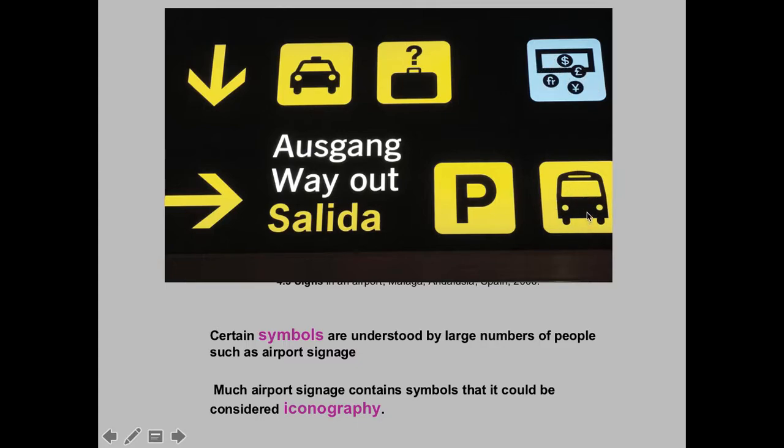We know that this looks like a bus. Buses tend to look pretty much the same all over the world. Cars kind of look like this, but they looked more like that in the 70s. Luggage mostly looks like this, but usually it's wheeled nowadays. But like, where is my luggage? Question mark luggage. Where is it? Parking, that's a big P. So we've come to know what these mean over time, and we have used these internationally.